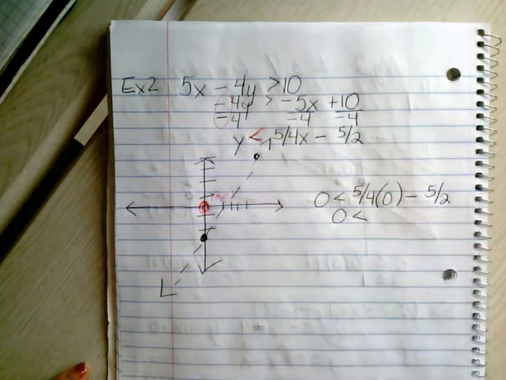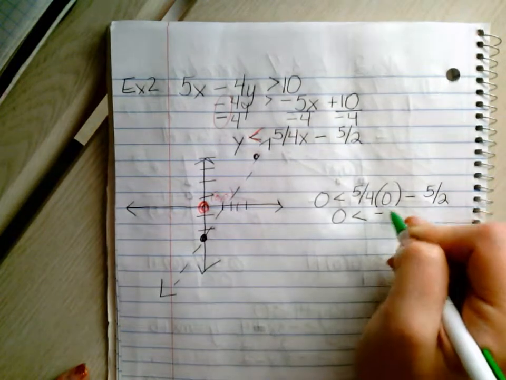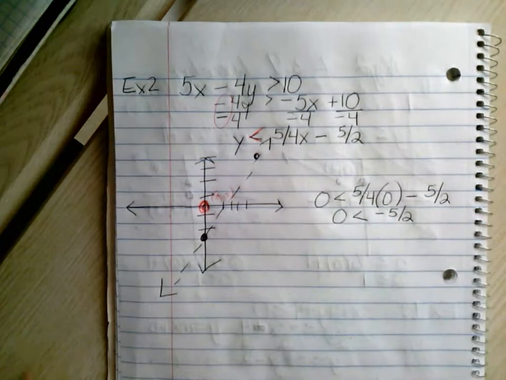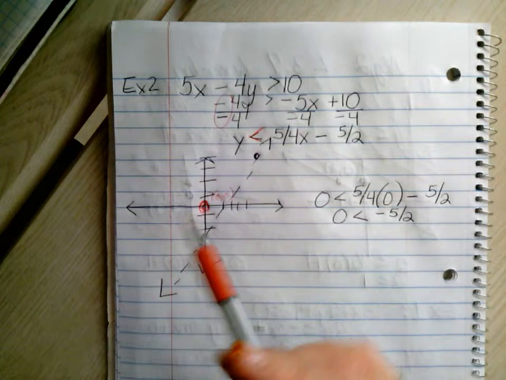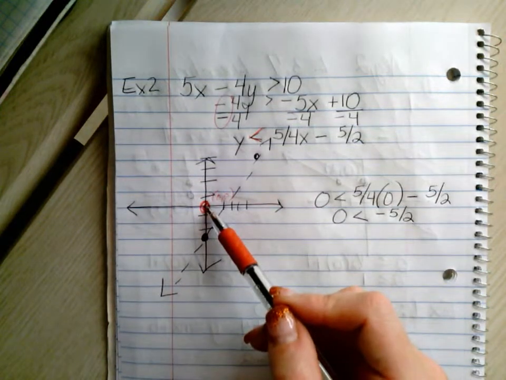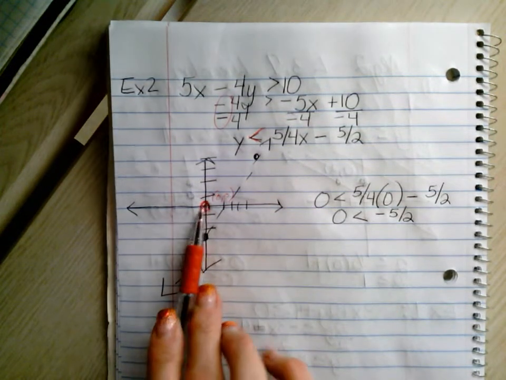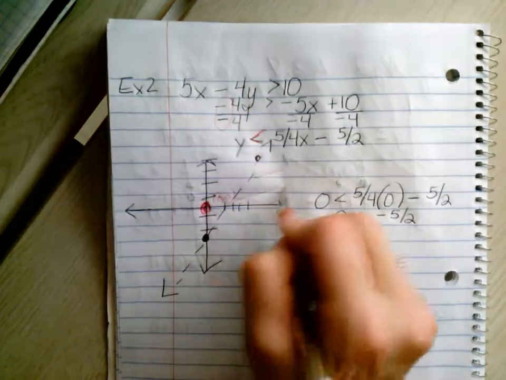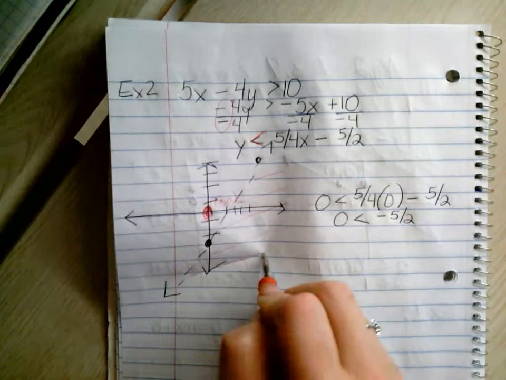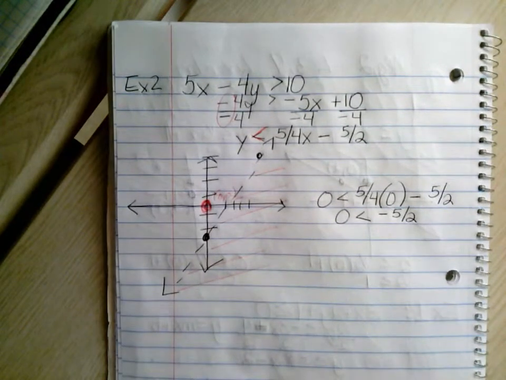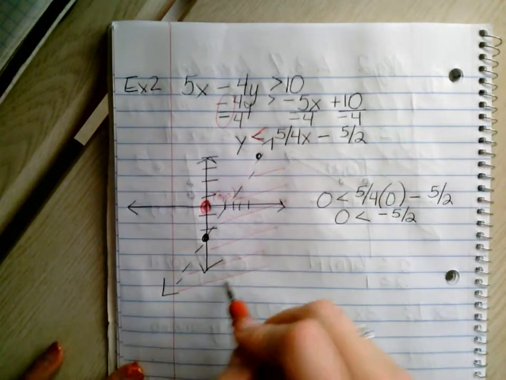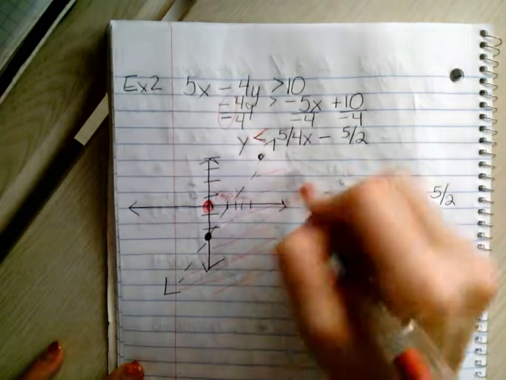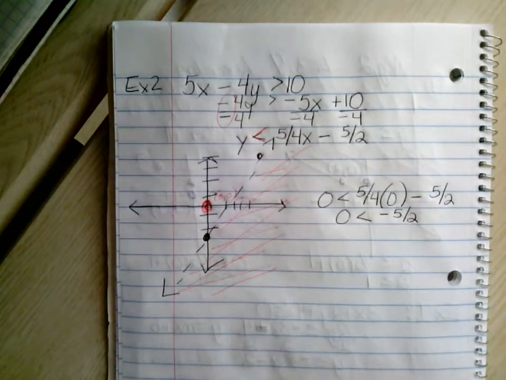Is 0 less than negative 5/2? No, it is not. So in contrast to what we've been seeing, this proved that this side does not include the truth, which means the other side does include the truth. So you'll shade the other side, just like that.